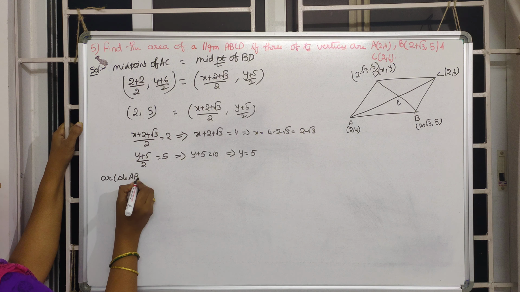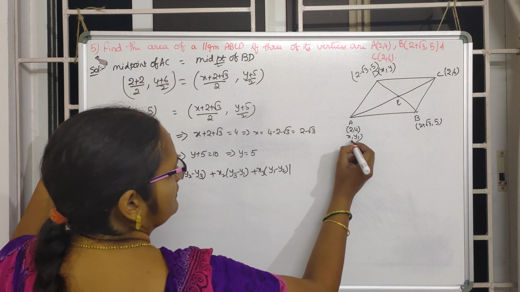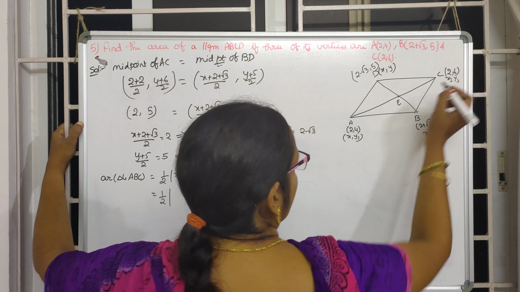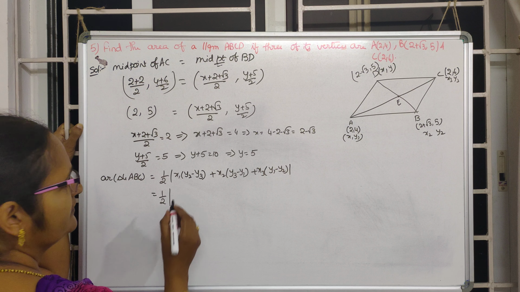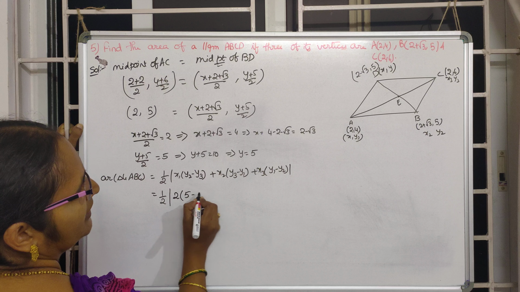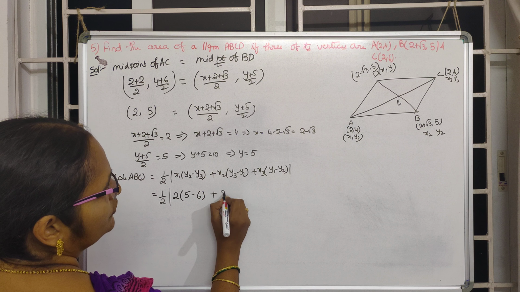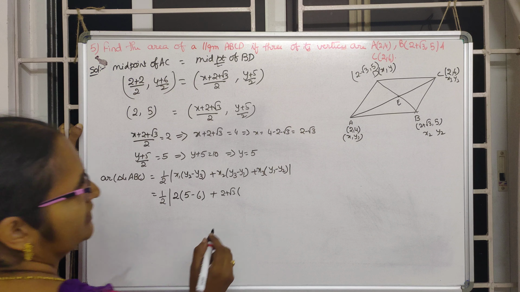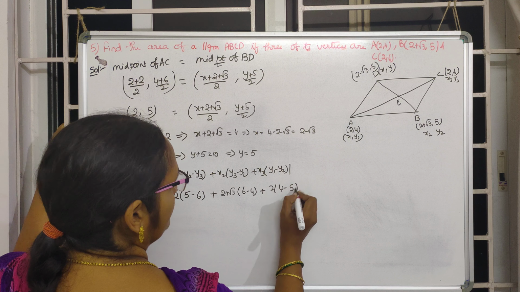Let this one be x1, y1, let this one be x2, y2, let this one be x3, y3. x1 is 2 into (y2 is 5 minus 6) plus x2 is 2 plus root 3 into (y3 is 6 minus 4) plus x3 is 2 into (4 minus 5).